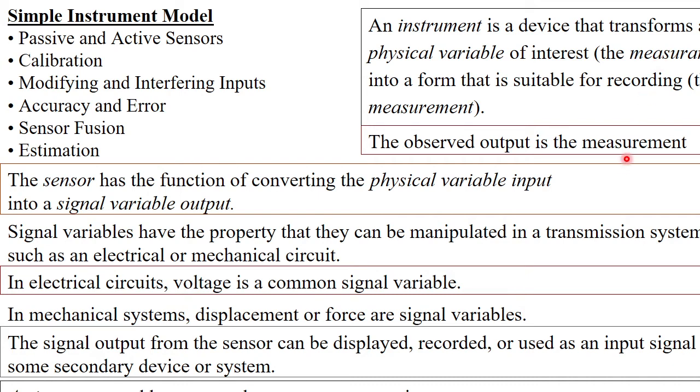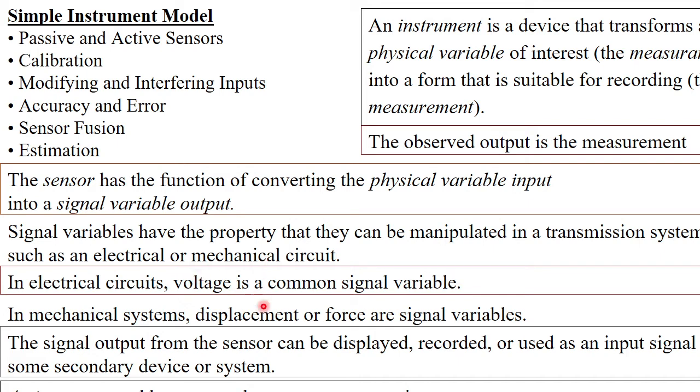And then the measurement unit, the instrument, is in a separate location. So the sensor is connected with the instrument usually through some electrical wire, or by some other means also, whatever. So that transmission system is a part of our measurement unit.